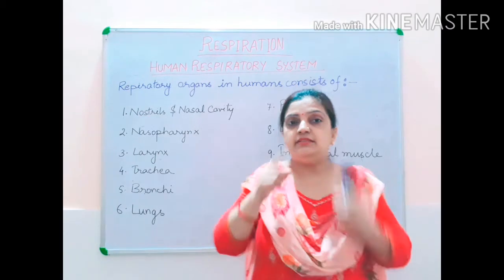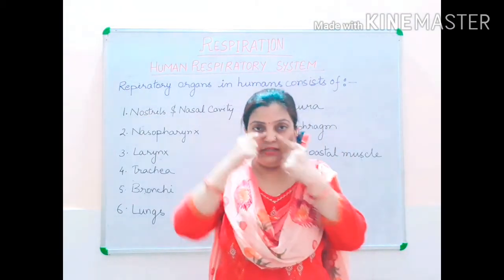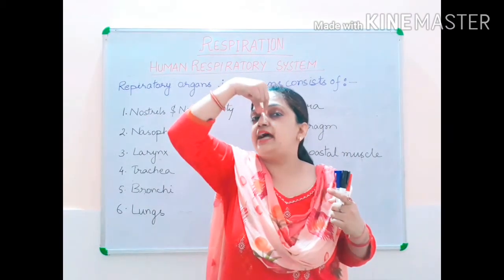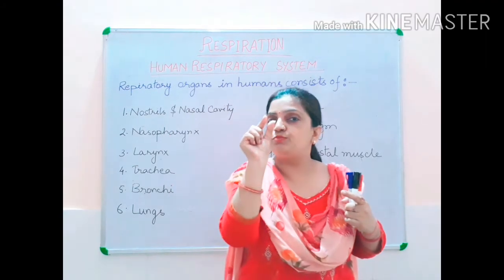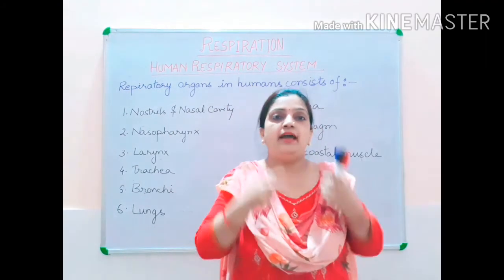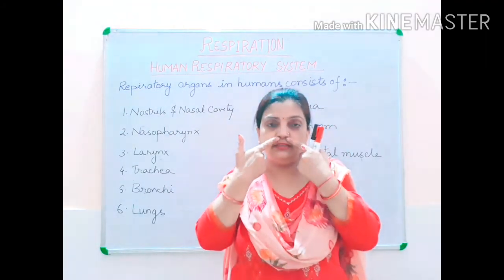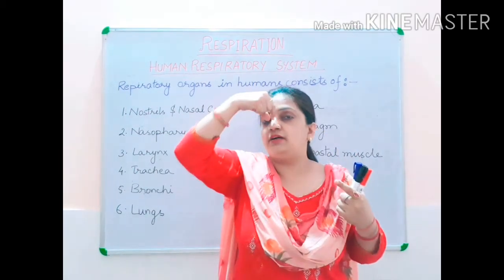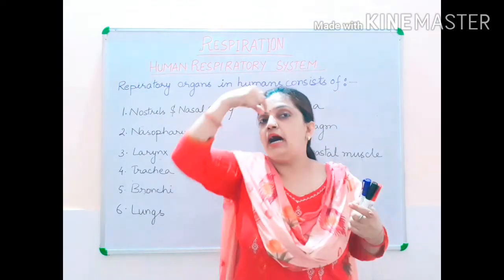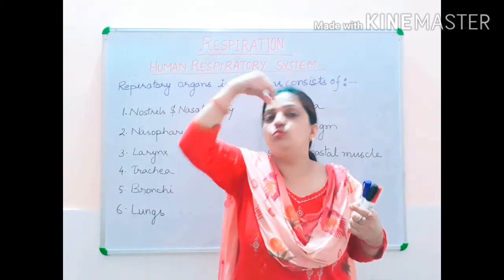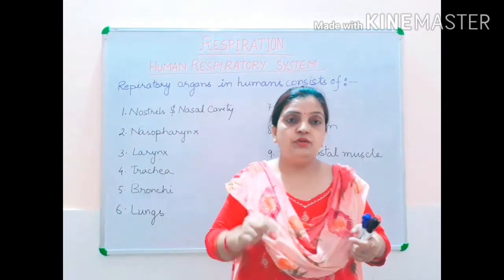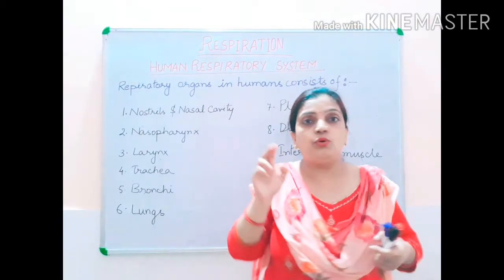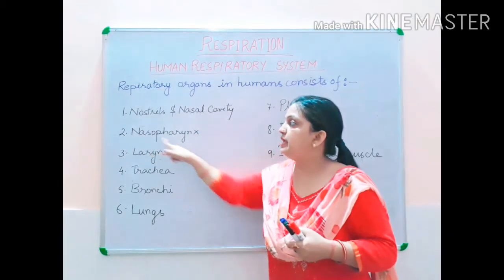Then children, these 2 nasal cavities open behind, inside, into 2 small openings like nostrils. As we have 2 nostrils here, similarly 2 small openings are present inside the nose, behind. Those 2 openings are called nasopharynx.